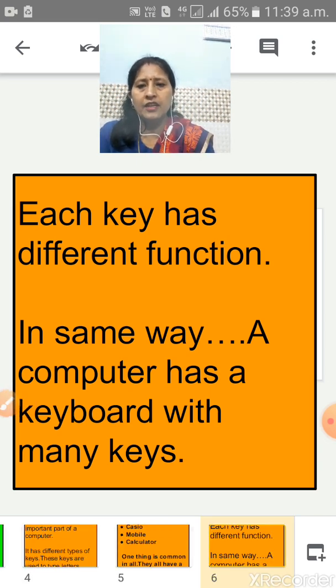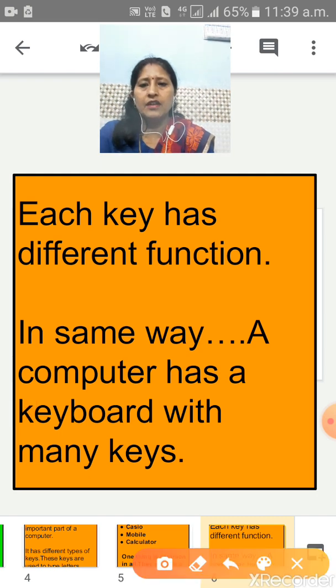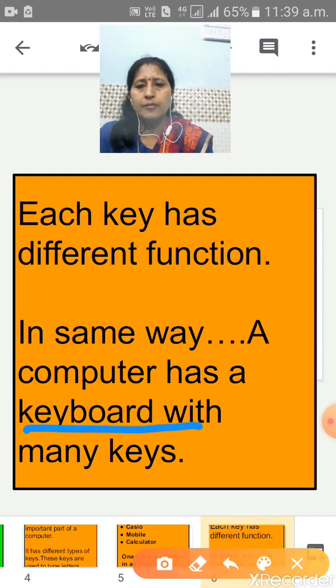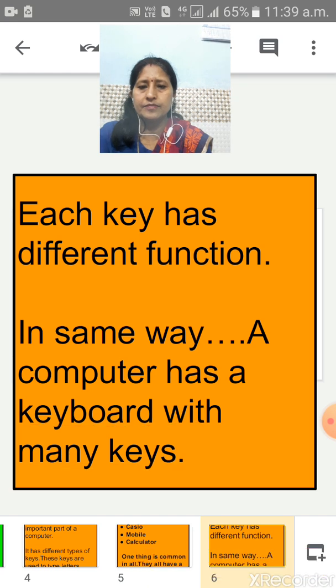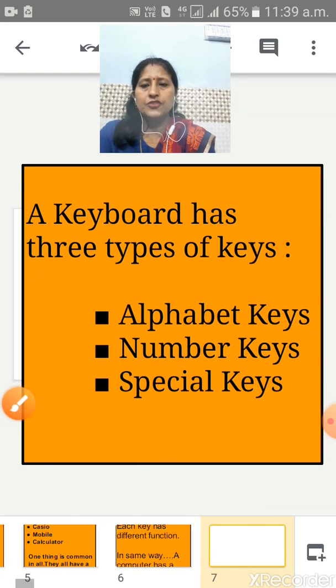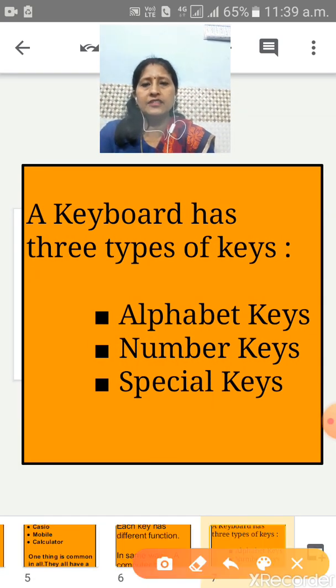In the same way, a computer has a keyboard with many keys. Children, a keyboard has three types of keys. Number 1 alphabet keys, 2 number keys, and third is special keys.